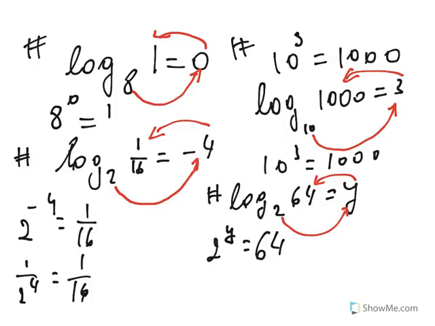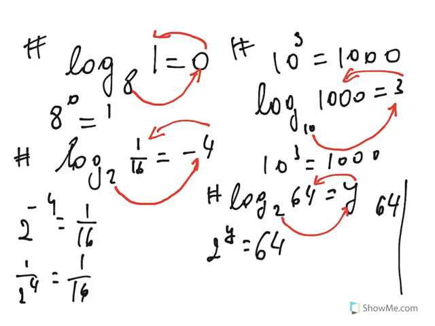Now, as you can see, this is changed to an exponential equation, which I know how to solve. This exponential, you have to solve by using the same base. You have 2 on the left side, 64 on the right side. So to solve, we have to find the factors of 64.